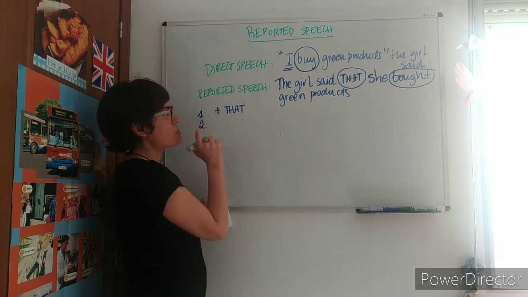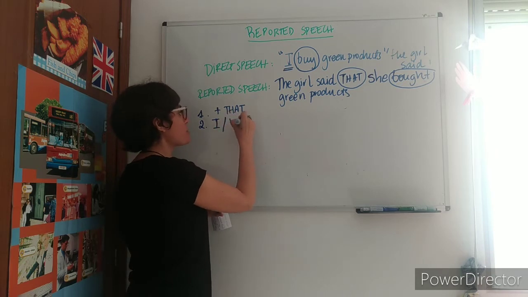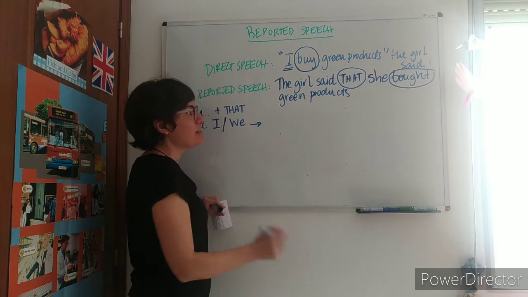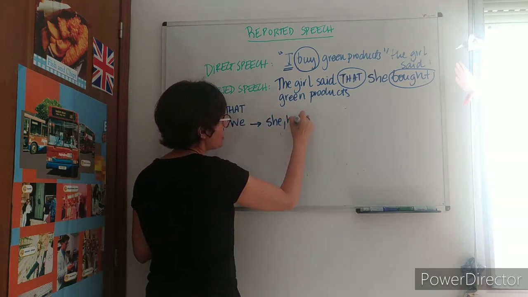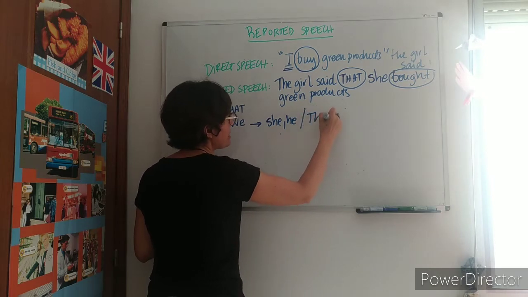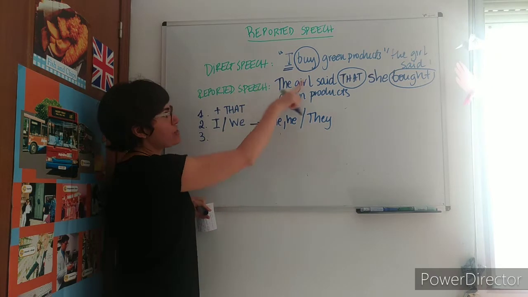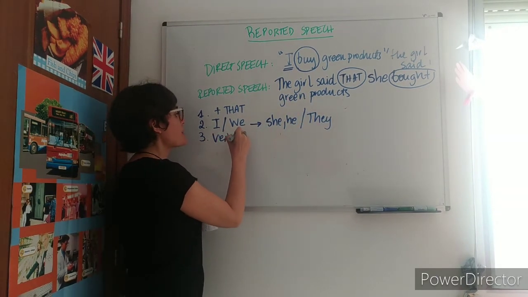The second change is that if the subject is I or we, first person singular or plural, then we change to she or he if it's singular, they if it's plural. Okay? Third change, the verb. The verb must be in the past.